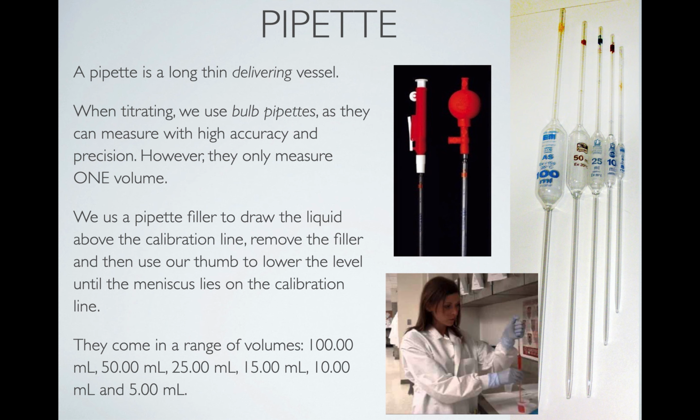And down below I found a picture of someone using a pipette. Now, she's not wearing any safety glasses. Pipettes are really hard to fill, especially, do you see how she's using her thumb for the seal there? She's wearing gloves. That's very hard to do, and you don't get a good seal, and it's hard to get the liquid level at the calibration line.